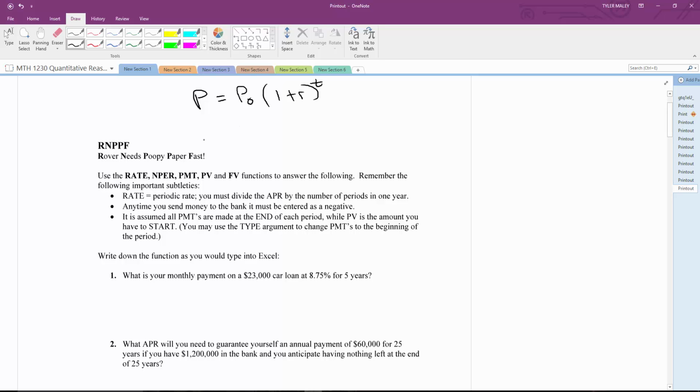So P equals future value, P naught as present value. I can think of R as my periodic rate, and if R is in terms of periodic rate, then T would be the number of periods.